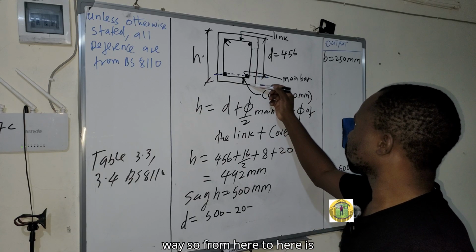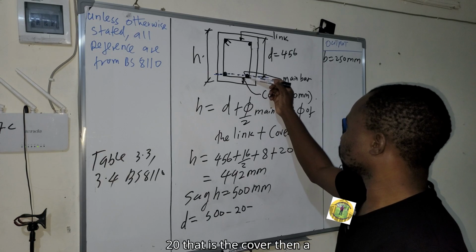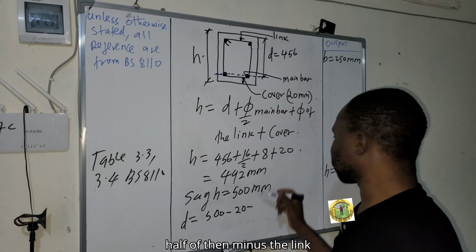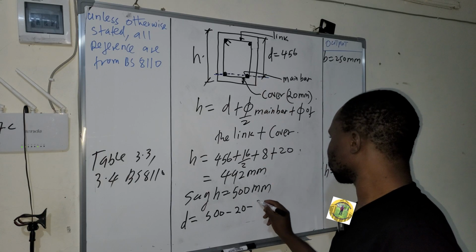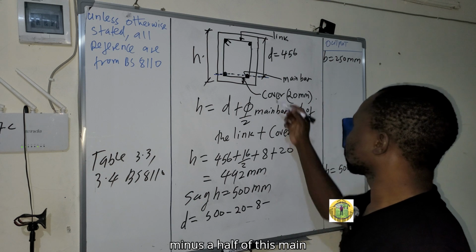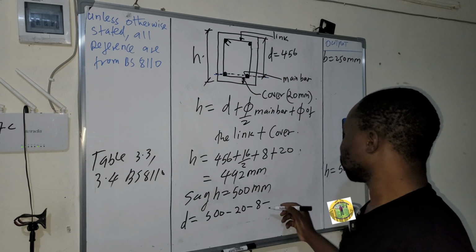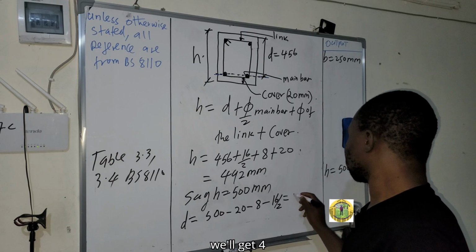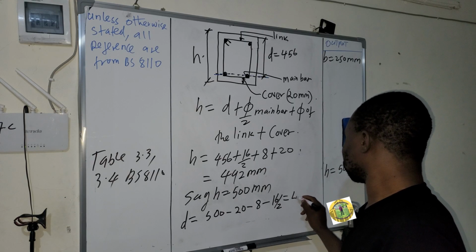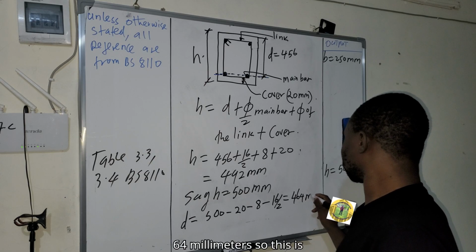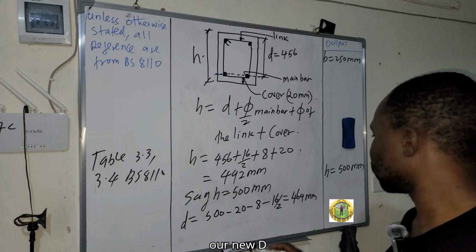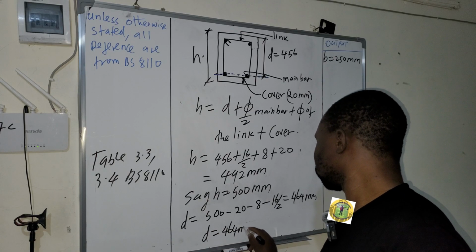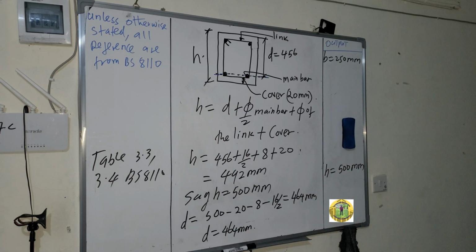So from here to here is 20, that is the cover, then minus the link, which is 8, minus a half of this main bar, which is 16 over 2, we'll get 464 millimeters. So this is our new D, 464 millimeter.